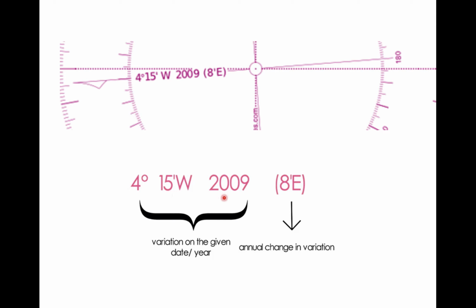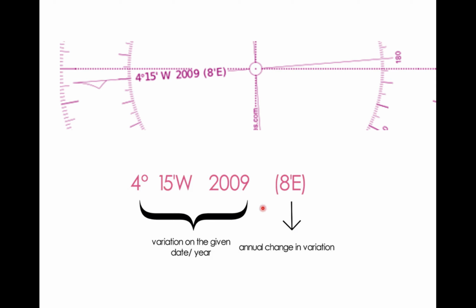Guys, this will be provided to us when the vessel buys a chart. Automatically this will be provided also, and this will be refreshed yearly. So this is the year when the variation was recorded.